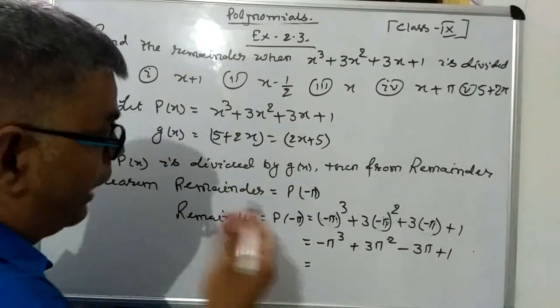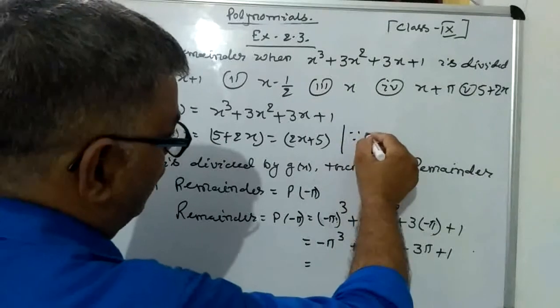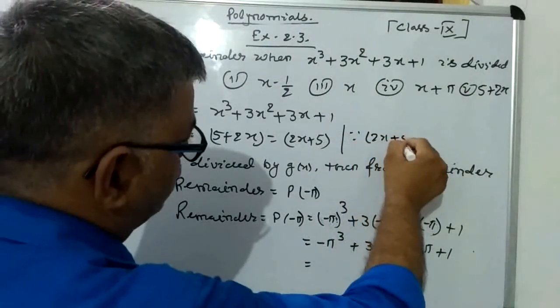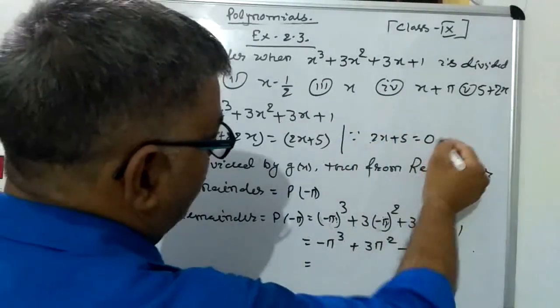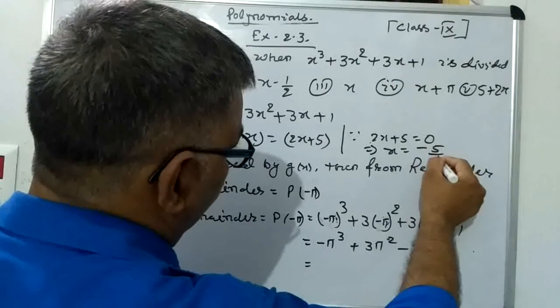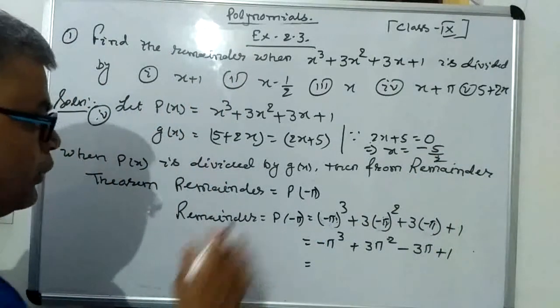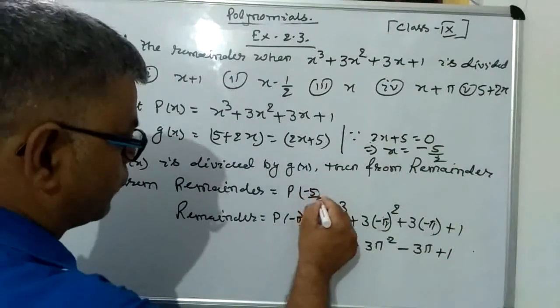So you have to find the value of x. So you can also take, since 2x plus 5 equals 0, x will be equal to minus 5/2. Okay, and now the remainder will be p(minus 5/2).